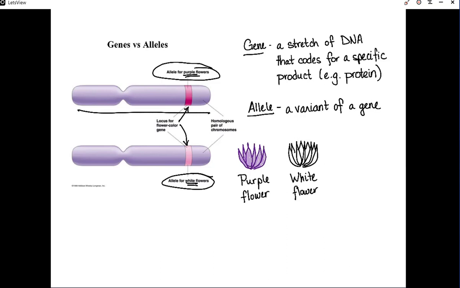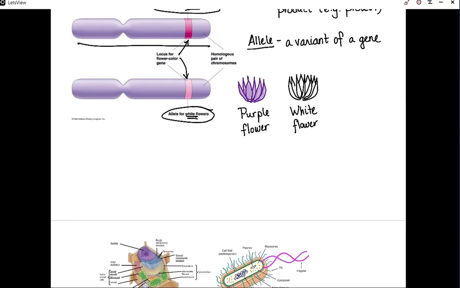Now why is this important? Let's say that I take a gene for something really, really critical. So I've got a chromosome, and I have a gene, and I'm going to mark it right here, and I end up with a mutation that creates something that doesn't work in one of my chromosomes.